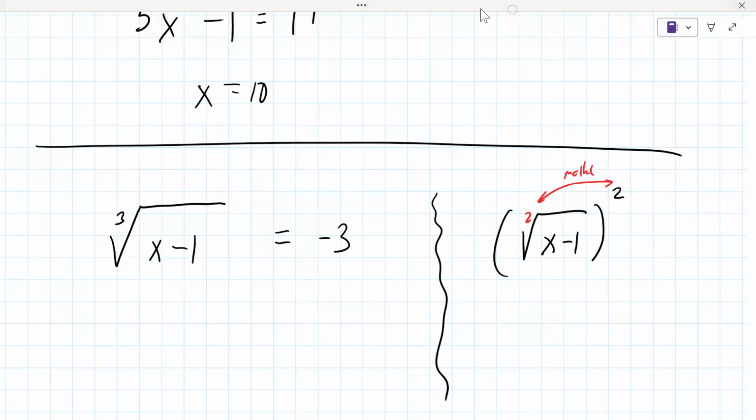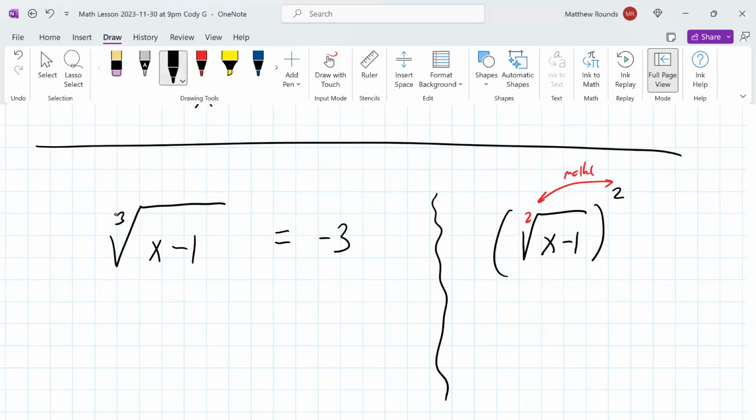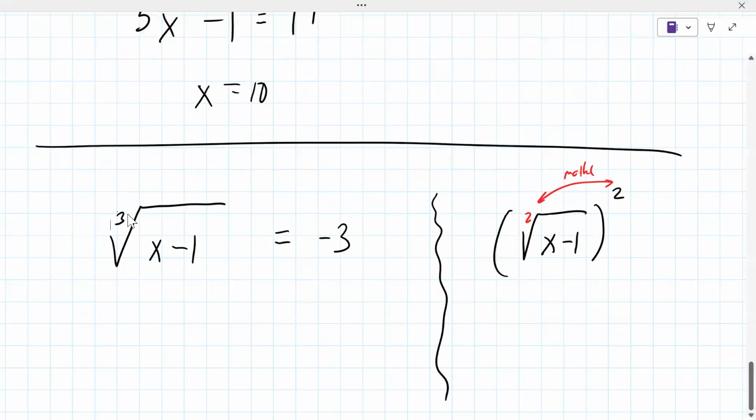Okay, so if you see a cube root here on the left, so there's a 3 there, you're going to undo it with a power of 3 on both sides of the equation. So it has to be whatever is in here.